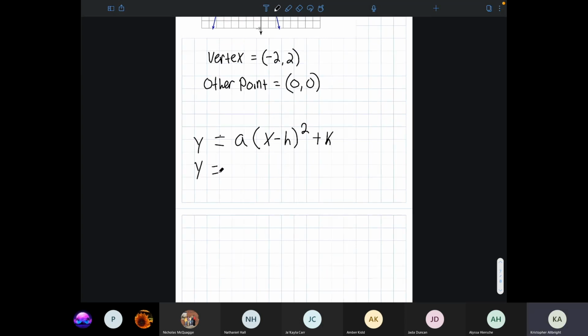So if we plug that in, y equals a (x minus our -2, so it's going to be a positive 2, because what we're going to do is just plug it directly in. We're going to get minus -2, which is going to turn into a positive, squared plus 2. So that is what we have right there.